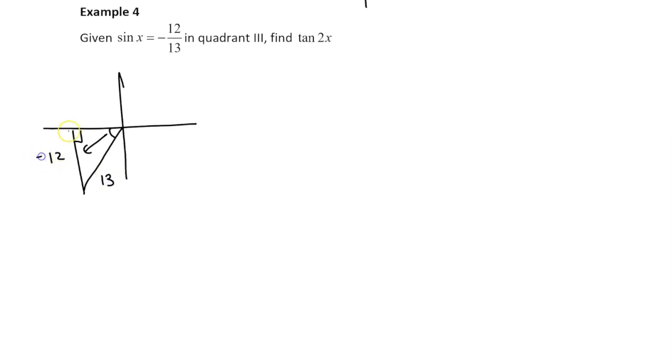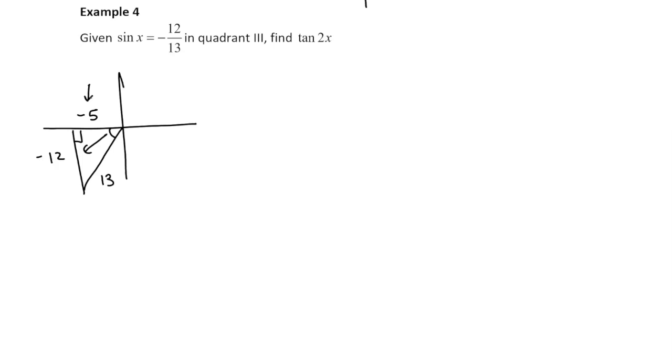So you would have to do Pythagoras to be able to find out your third side, or you could recognize that it's one of our Pythagorean triplets where that's going to be a 5, and we have a 5, 12, 13 triangle. And they're saying, based off of this, can you find out what would be tan 2x?